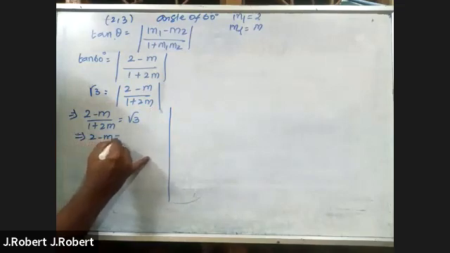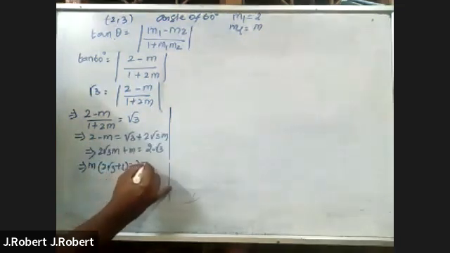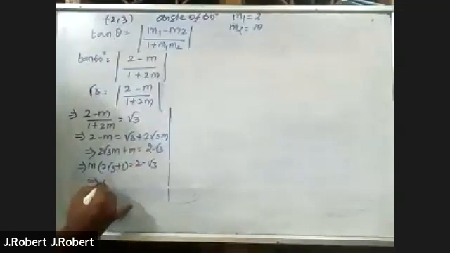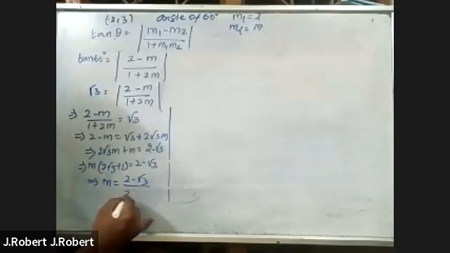Therefore, we can write this as m into 2 root 3 plus 1 equals 2 minus root 3. Hence, m is equal to 2 minus root 3 divided by 2 root 3 plus 1.